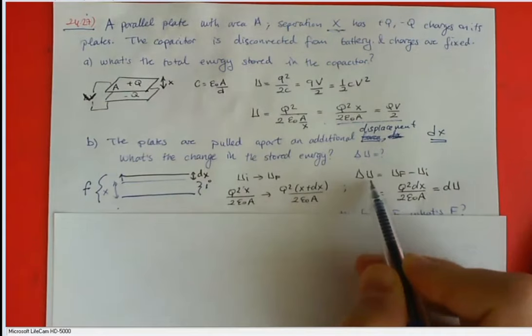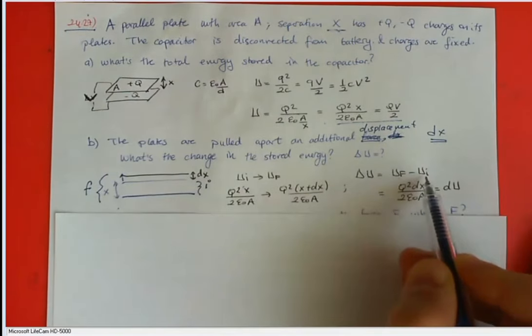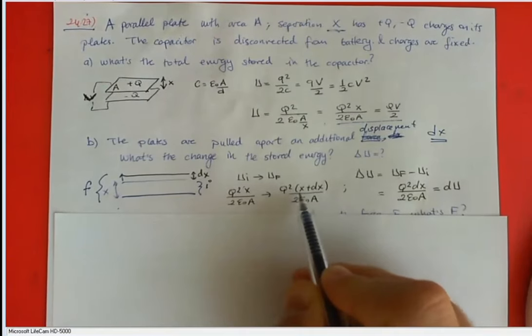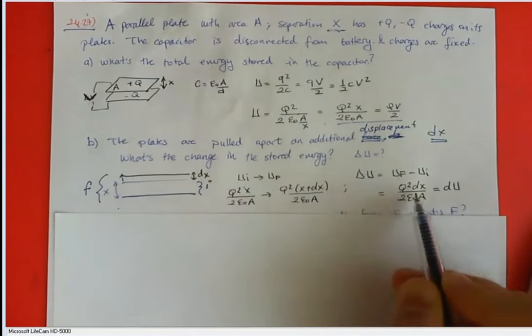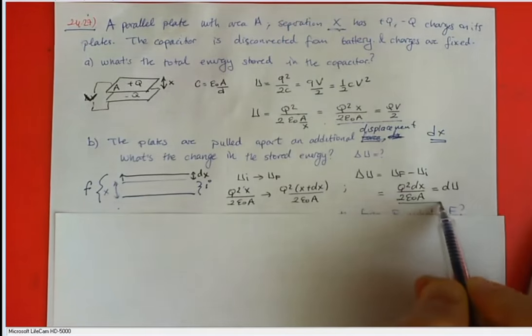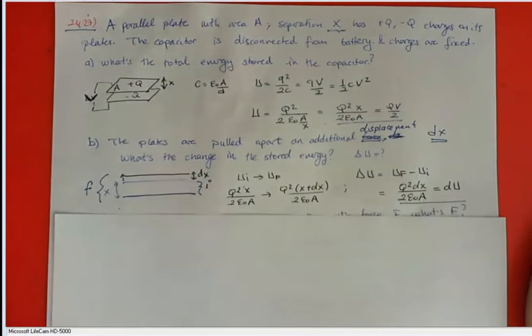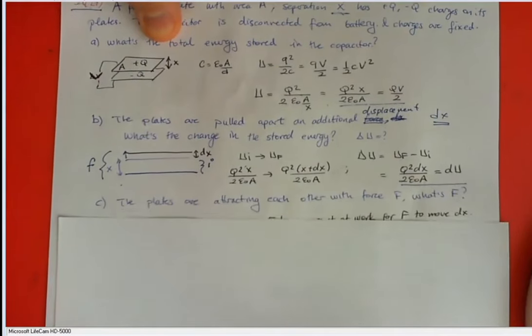So delta U would be final minus initial, and you're going to subtract this guy from this guy. So this is our change in the energy if we increase the separation by dx.